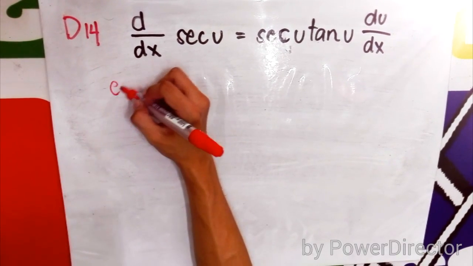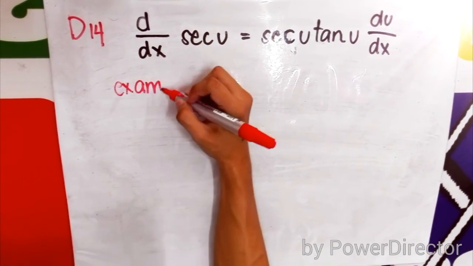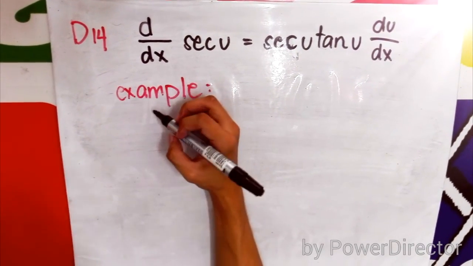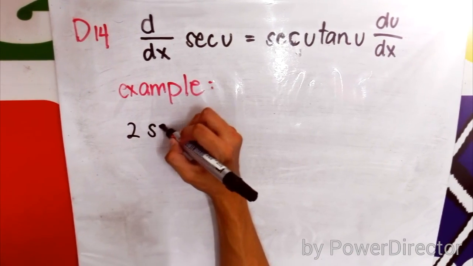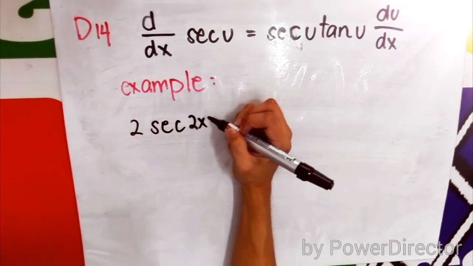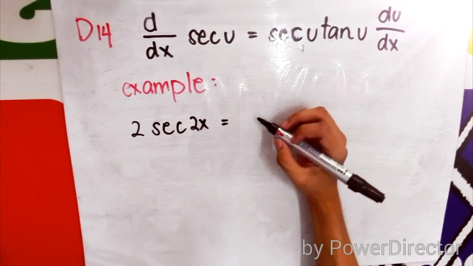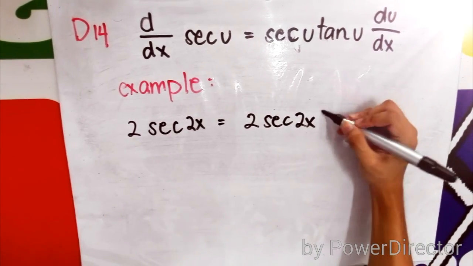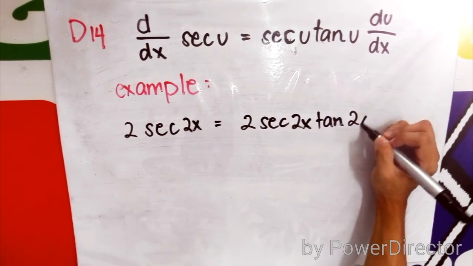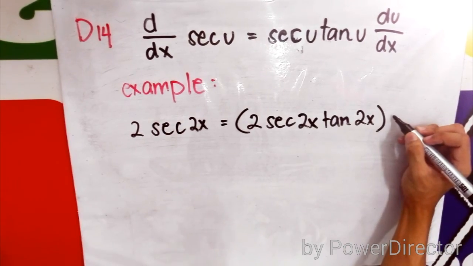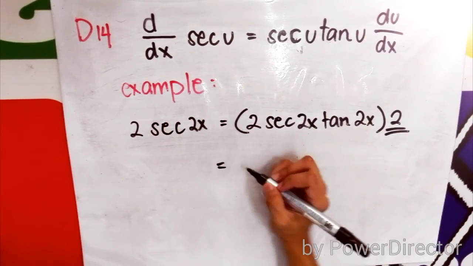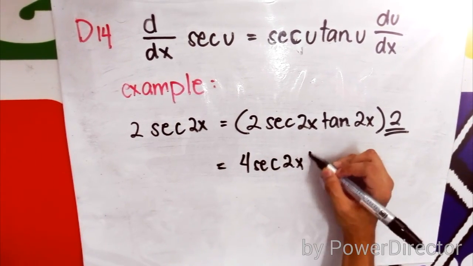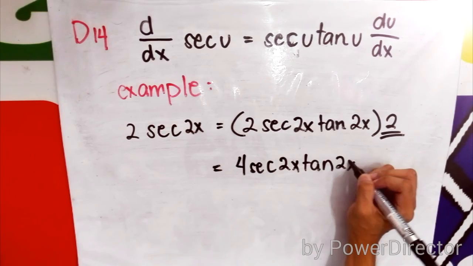For example, the derivative of secant 2x is equal to 2 secant 2x tan 2x multiplied by 2. Next, 2 times 2 is equal to 4. 4 secant 2x tan 2x.